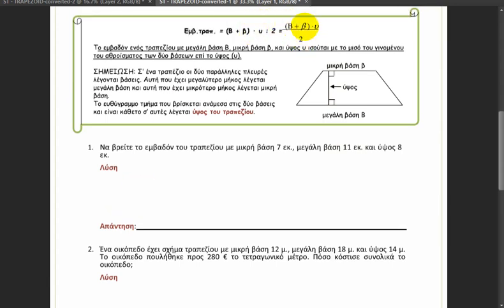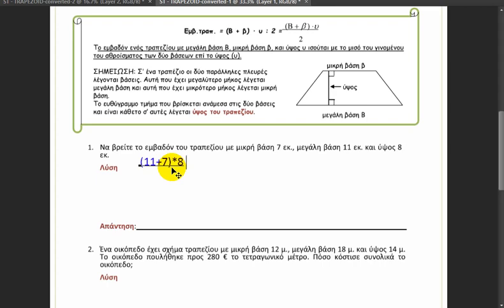So here you can see the formula that we had written. So I'm going to need to do 11 plus 7 times the height, so 8, divided by 2.